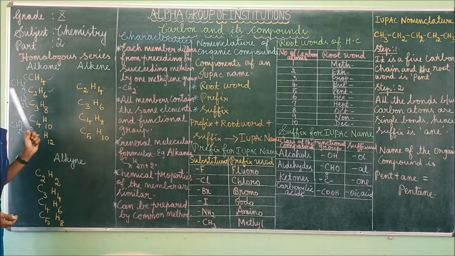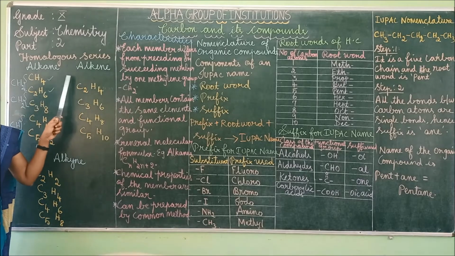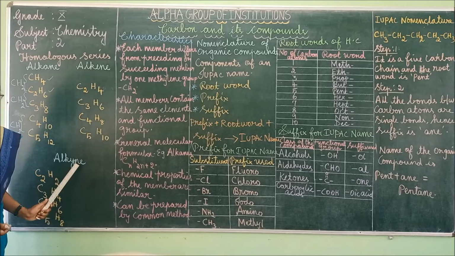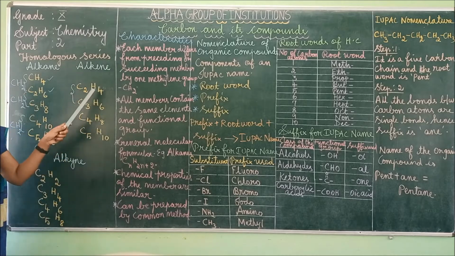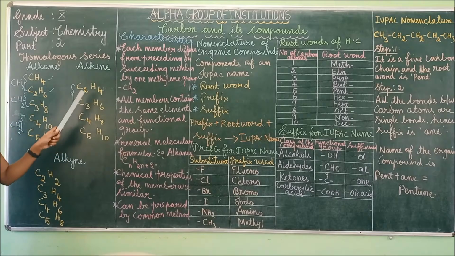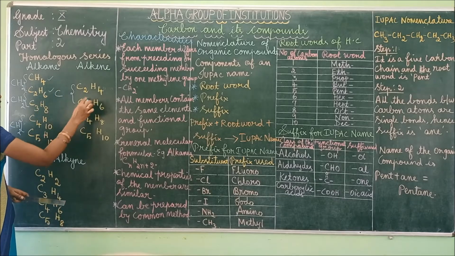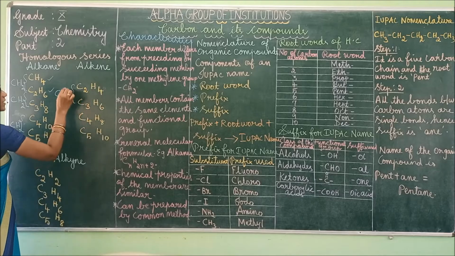Next we can see alkene. Not only for alkene, this is applicable for alkenes as well as for alkynes. Next we can see these two, ethene and propene. There is a difference of 1 carbon atom and a difference of 2 hydrogen atoms, isn't it?